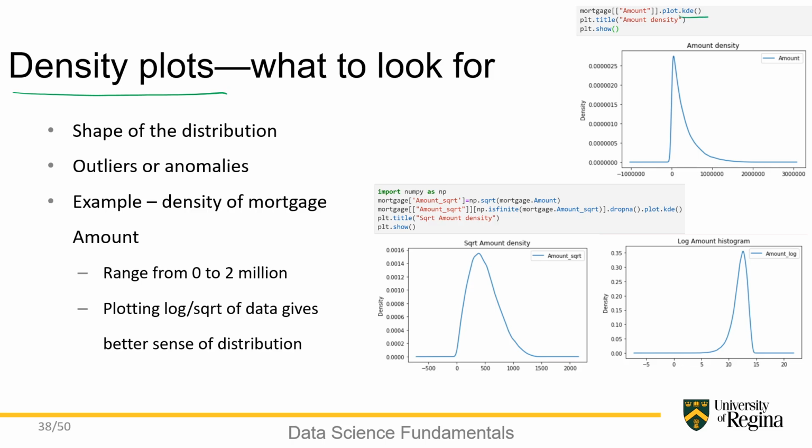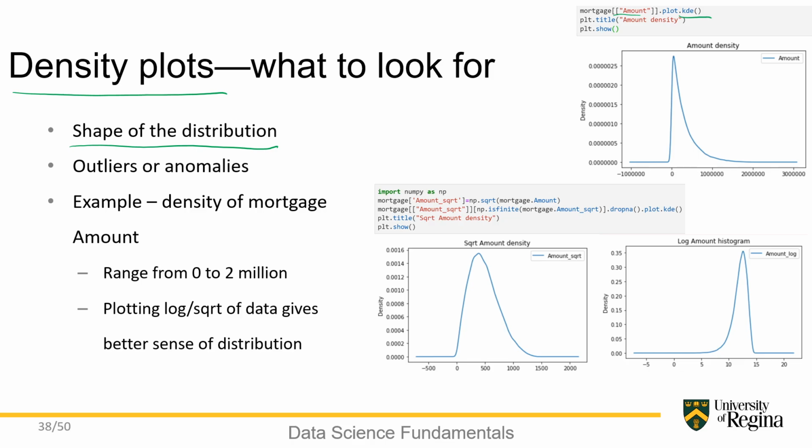KDE is kernel density estimation of a specific variable. You can see how you're creating these. Again, it's the same thing. You can take a look at the shape of this distribution and just make sure that things look normal, and check whether you have any outliers or anomalies or anything like that.